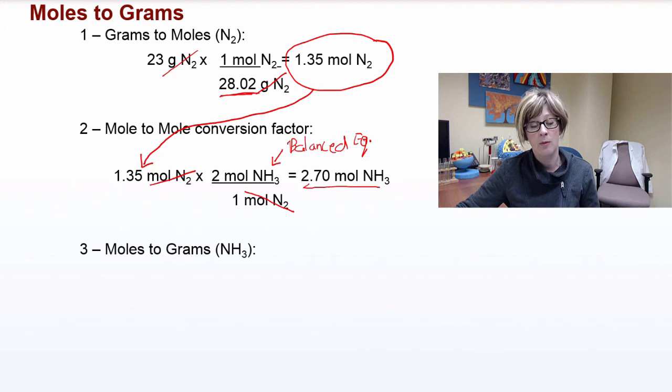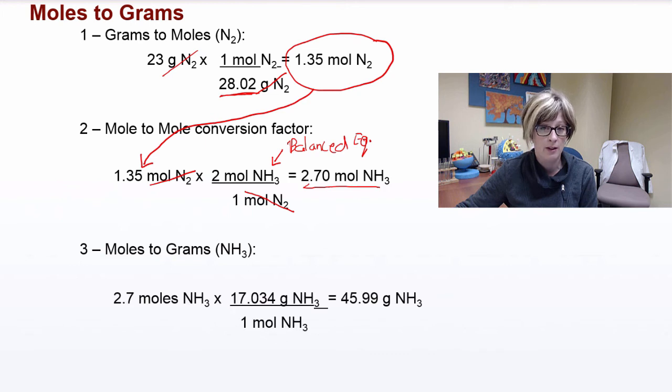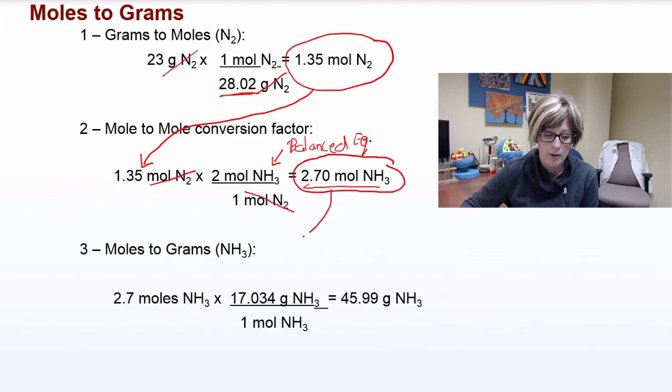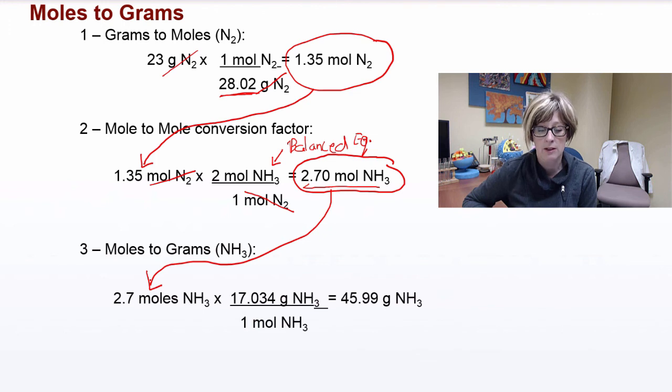Now we're going to go from moles to grams, and now this is of the ammonia, not of the nitrogen gas. And remember, we already calculated the molar mass of that ammonia. So notice my answer in step 2 now becomes my given in step 3. I start with 2.7 moles of the ammonia, and then I use the conversion factor that comes from the molar mass.